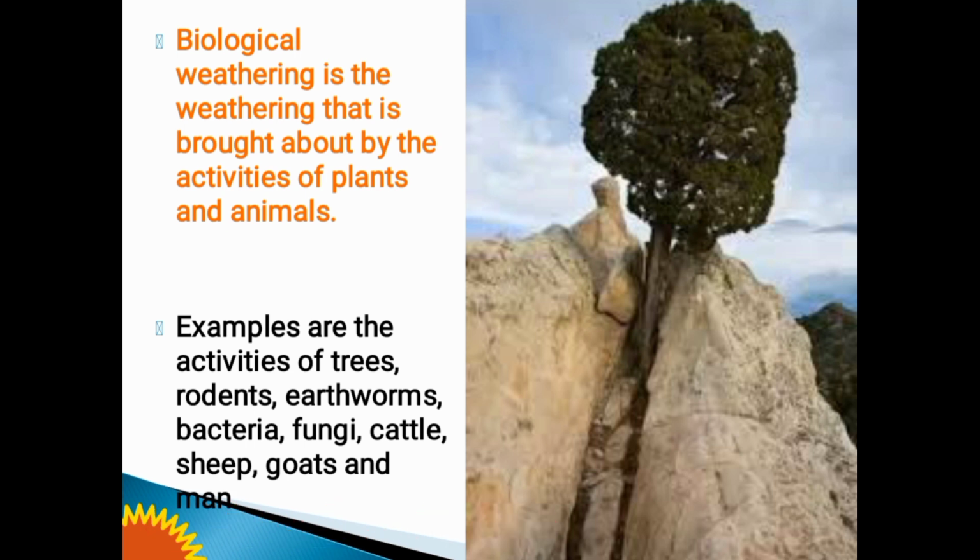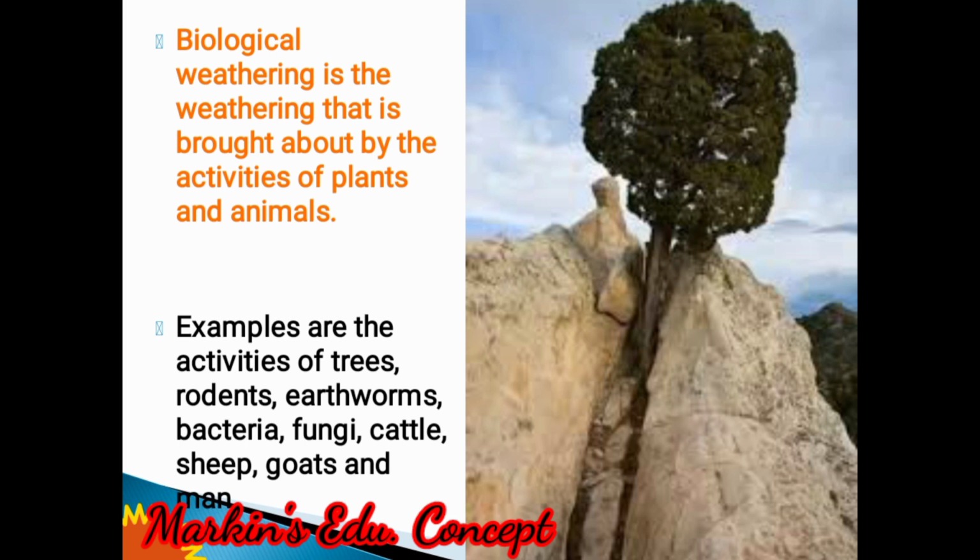You can see the tree growing up. The next ones are rodents, earthworms, bacteria, fungi, cattle, as I've told you, sheep, goats, and man. Yes, when man steps on it, sometimes some men tell you they're going to the mountains and all that. The more activities done on those rocks, the more they are being broken down into tiny particles.